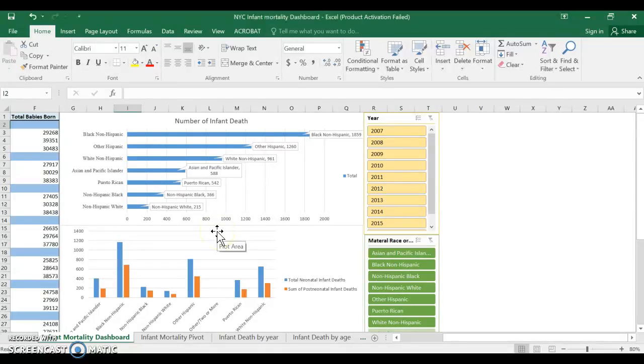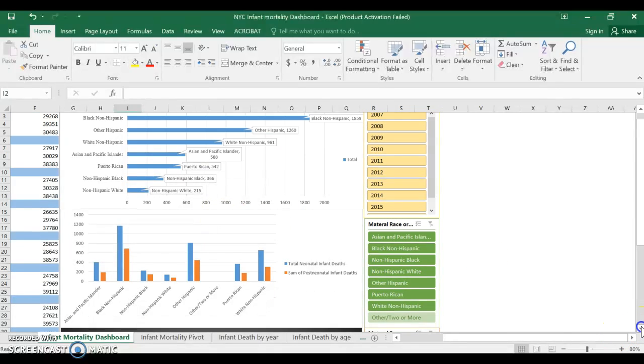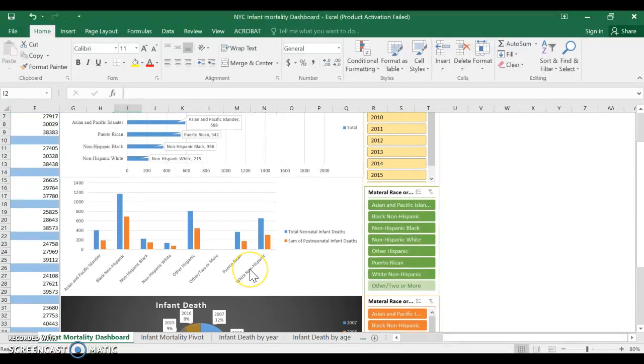Right next to it, I added another stacked bar chart to show a contrast for the infant deaths by their age. This orange column represents the number of infants who died between the age of 1 month and 12 months, and this blue column represents infants who died between day 1 and 28 days, or below 1 month.